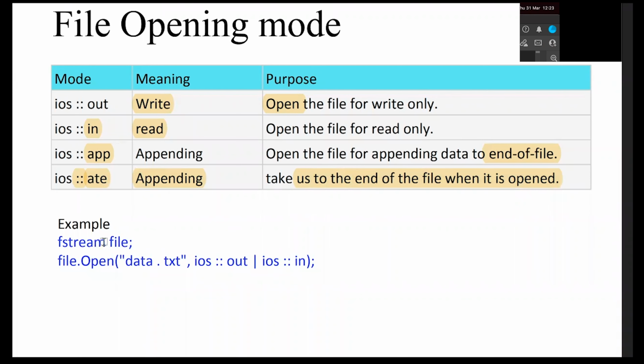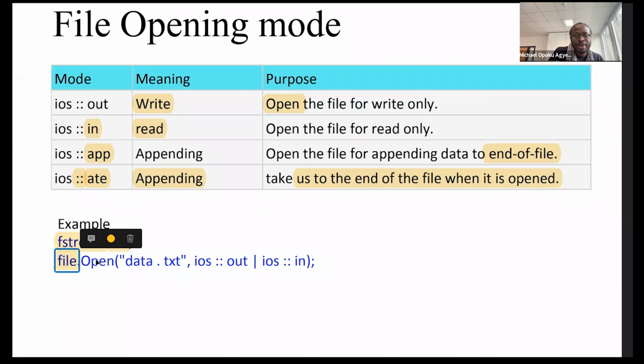In terms of examples, we have an fstream, and we've called a file. We have a file open for both reading and writing. So in this particular case, it's, well, input file stream or output file stream, but we are using fstream, so they give us access to both of them. When we open the file, it's giving us options that we can pass to the file. The first one that we pass, like normal functions, is the actual name of the file itself.